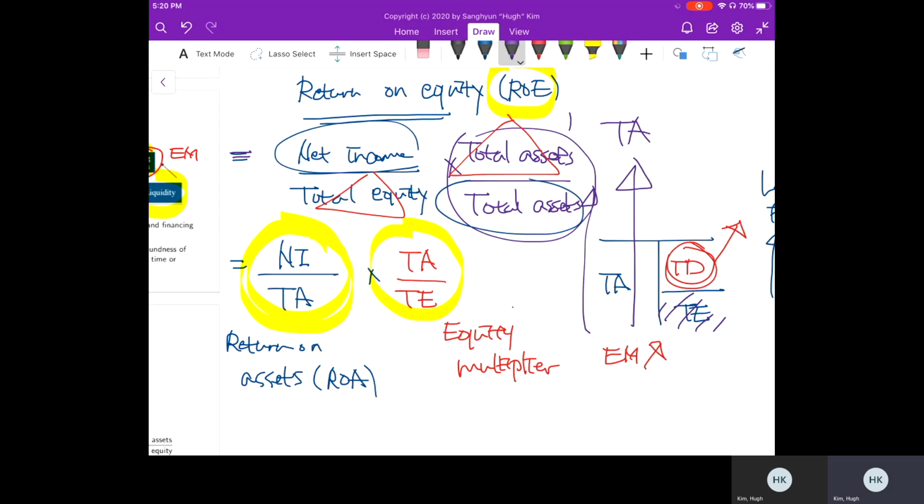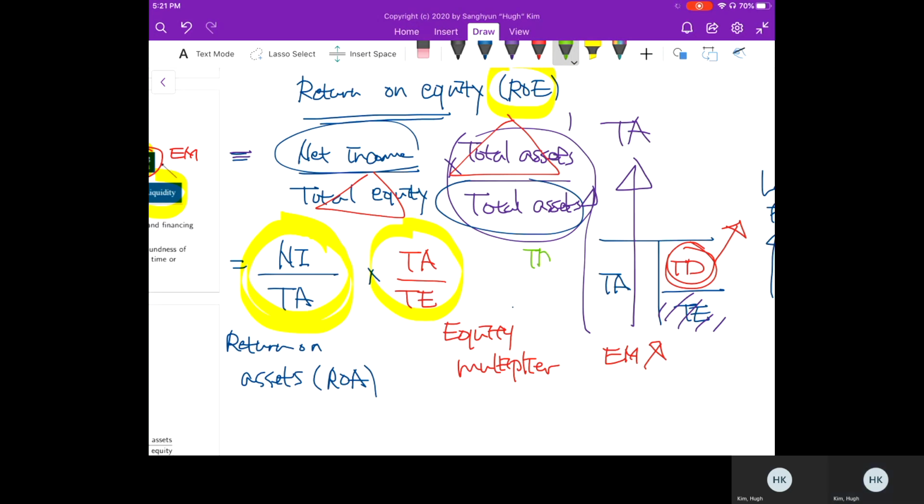So when total debt increases, obviously equity multiplier increases, as we've seen before. How about its effect on return on assets? So total debt increases, then interest expense also increases. Net income is net of interest expense, so an increase in total debt will decrease net income and also decrease return on asset.